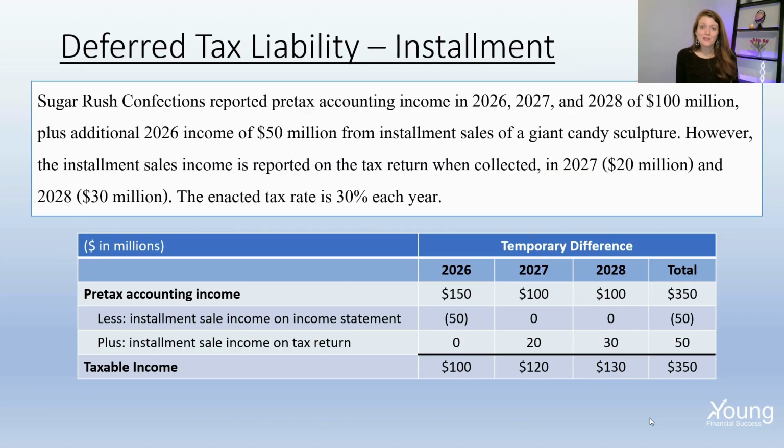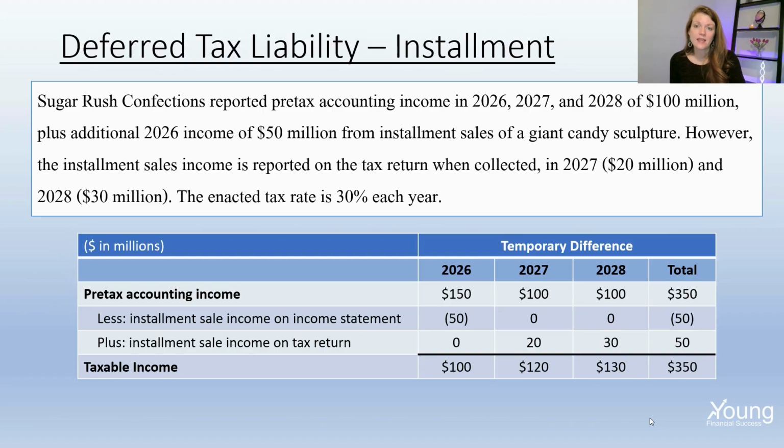So in 2026, we're like, sweet, even though we made 150, sweet, you get it? I wasn't even intending on making that pun. So even though we made 150 million, they're only making us pay taxes on 100 million, but that creates a deferred tax liability because now in 2027 and 2028, our taxable income will be higher than our book income, than our financial reporting.